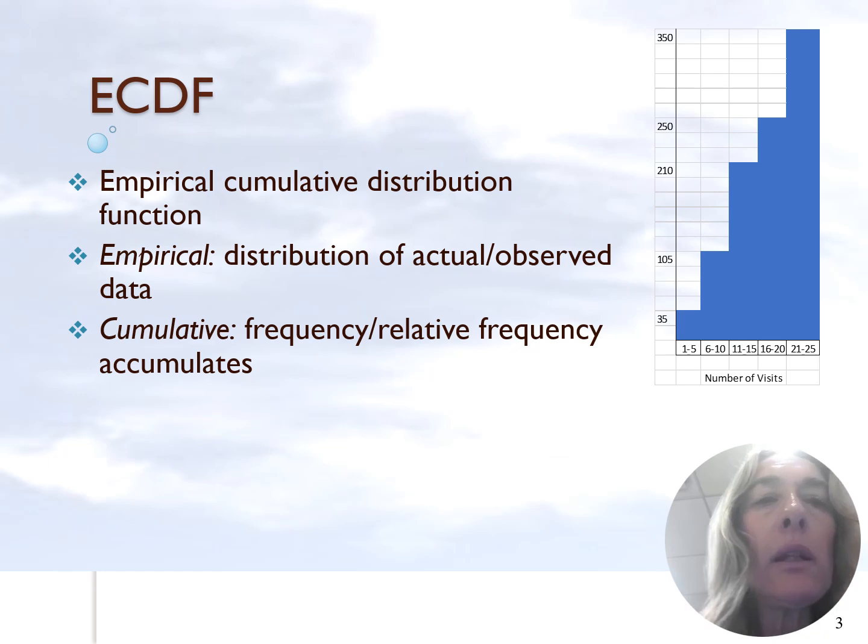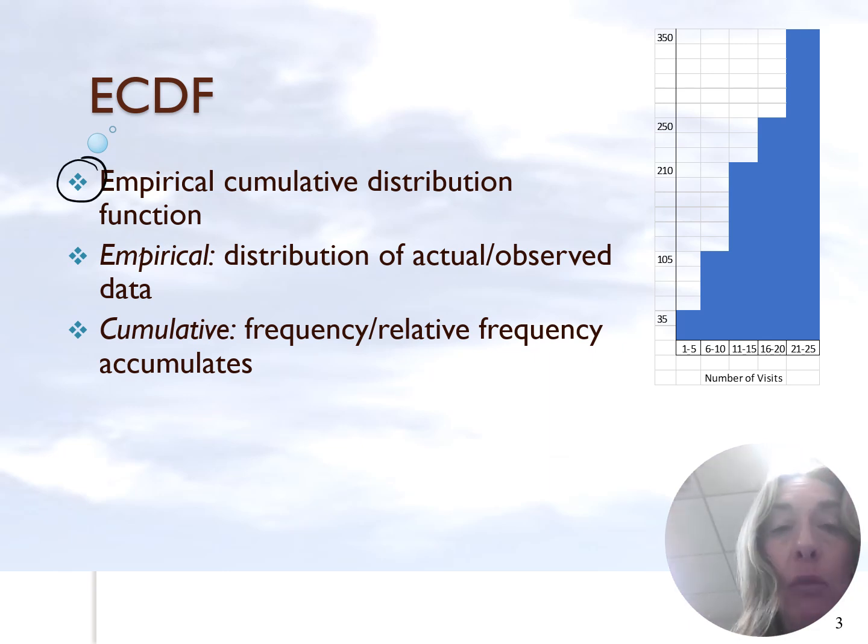In addition to ways of visually assessing whether your data may or may not follow a particular distribution, there are formal hypothesis tests that can be run to do the same thing. In running these hypothesis tests, we have to determine your empirical cumulative distribution function, or ECDF.